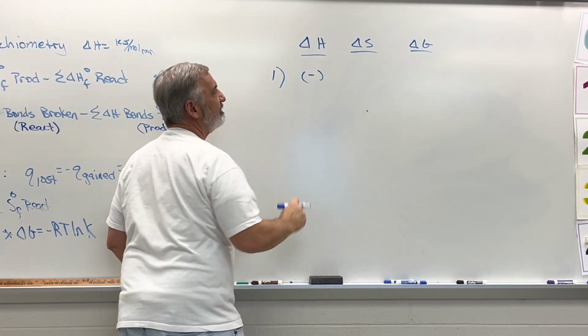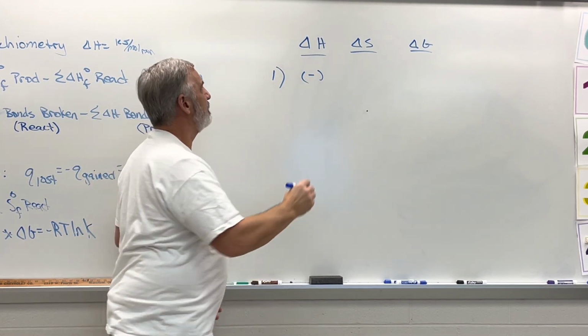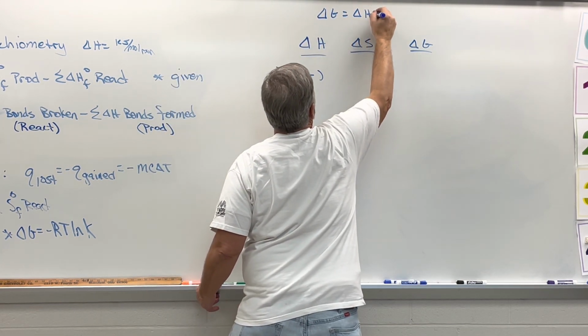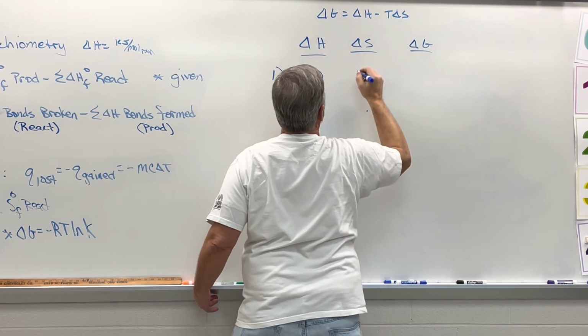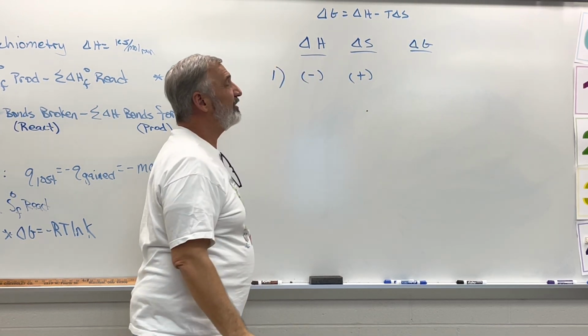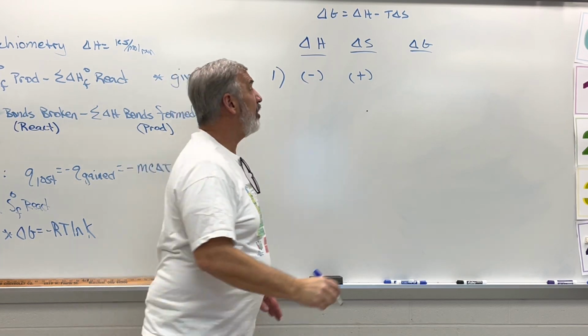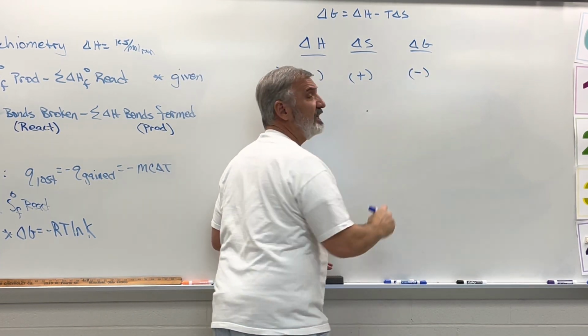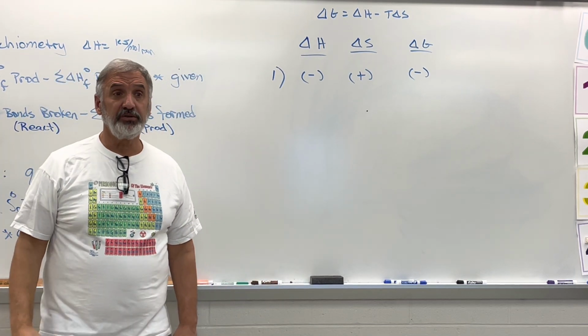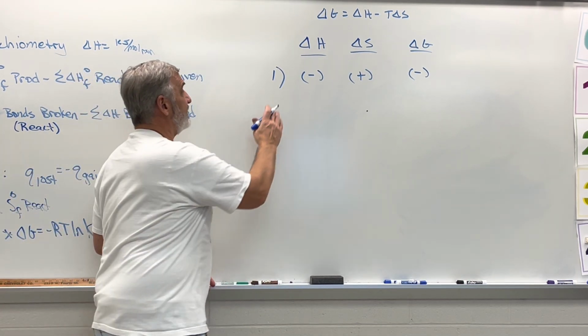Exothermic. What's the favorable sign for delta S? Positive. So delta G is equal to delta H minus T delta S. So this is positive. What's delta G going to be at all temperatures? Always negative, always spontaneous, always thermodynamically favorable.